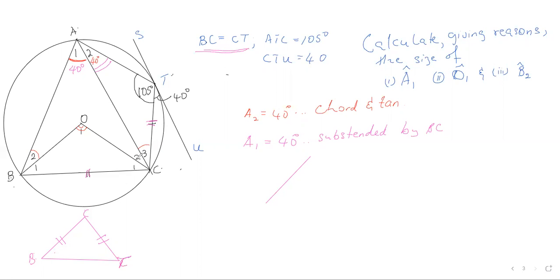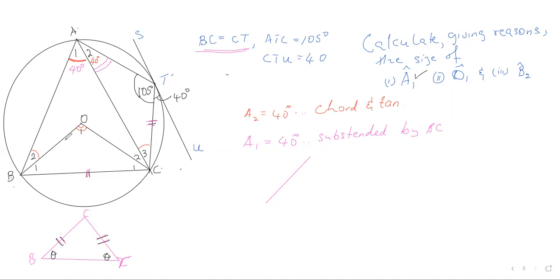Therefore, the base angles should be equal. This angle will be equal to that. They are just subtended by those equal lines. BC subtends theta here, which is T, and BC subtends theta here, which is B. So that's how we argue that. Now we have done A.